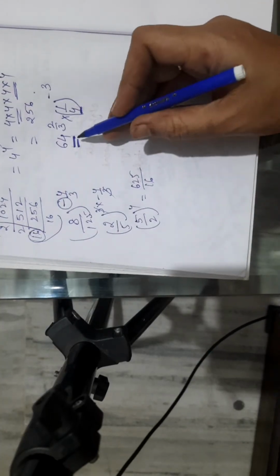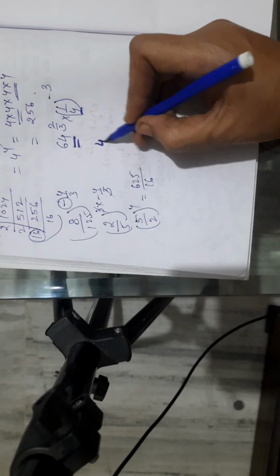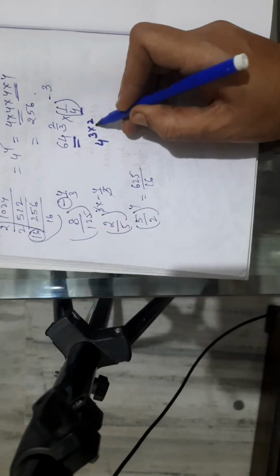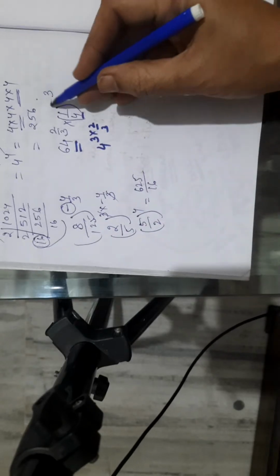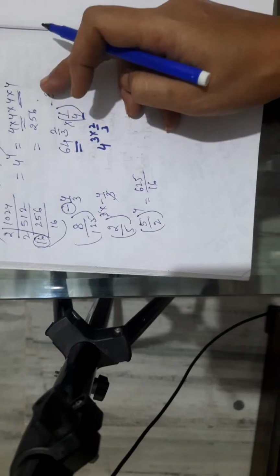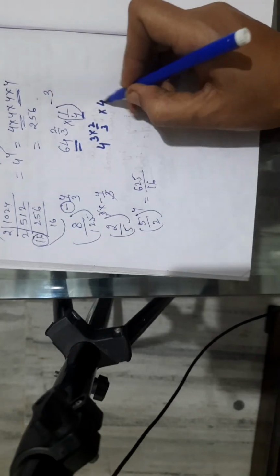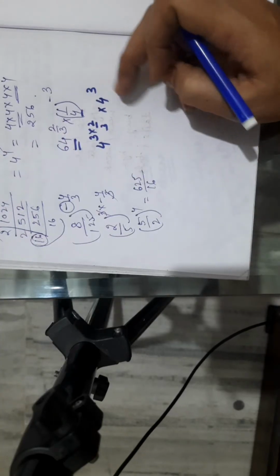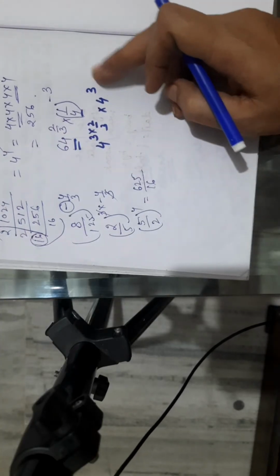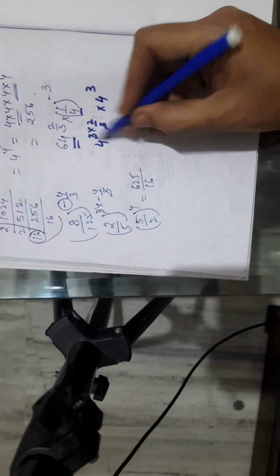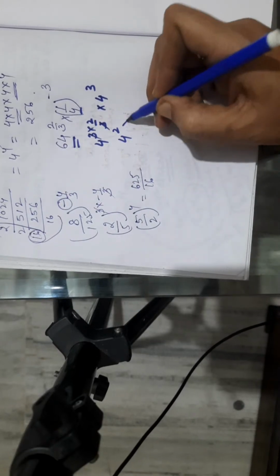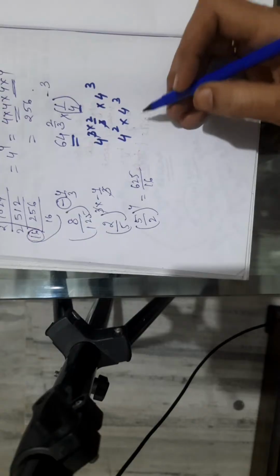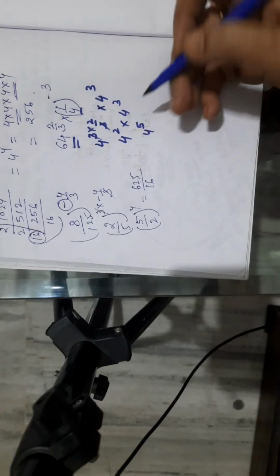So 64 is 4 cube, raised to 2 by 3. This is a negative power. If we shift it to the numerator, the power will become positive. Thus 4 minus 3 is there. If I bring it to the numerator, the power will change to positive. Now both these 3s will get cancelled. It's 4 square multiplied by 4 cube. That is 4 raised to 5.